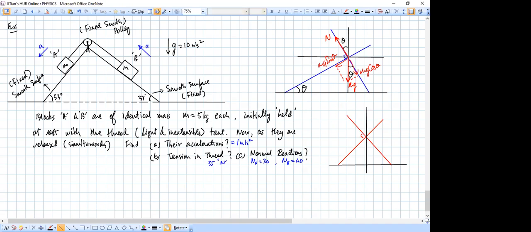So if this is the inclined plane's angle, then this angle will also be the same, theta. So whatever angle the inclined plane makes with the horizontal, the vertical makes the same angle with the normal to the inclined plane.